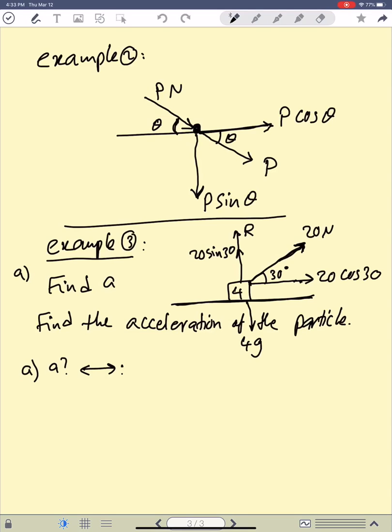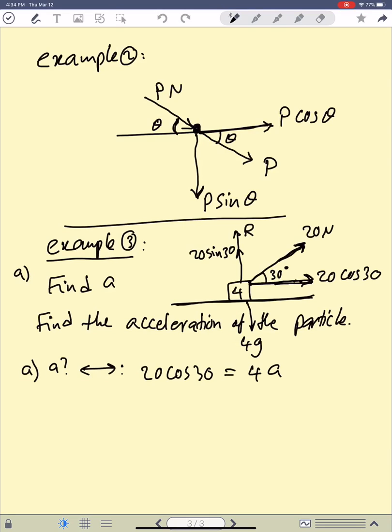It will be inconvenient if you use horizontal and vertical for all examples or problems in mechanics. You'll understand later today what I mean when we start inclined planes and other examples. So to find A, 20 cosine 30 is the only force in the direction of motion because it's F cosine the angle.